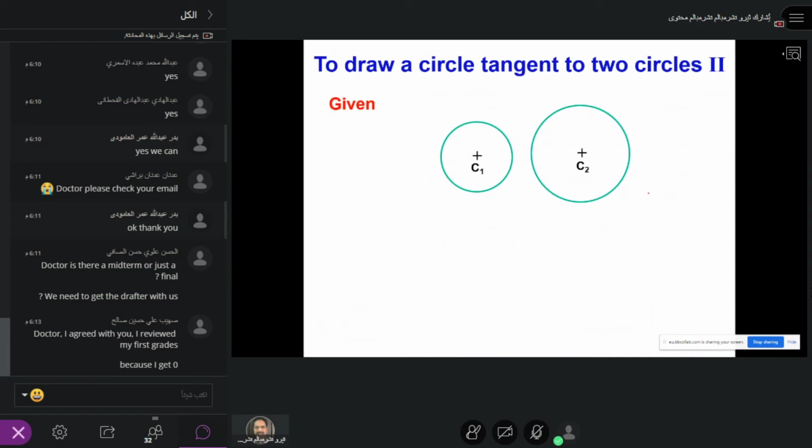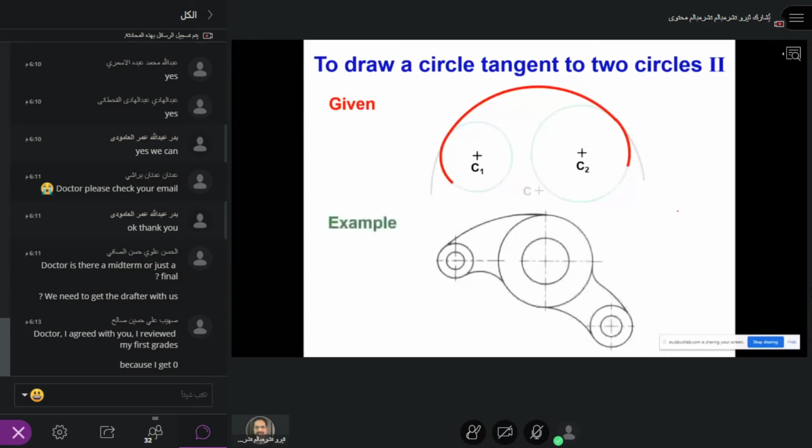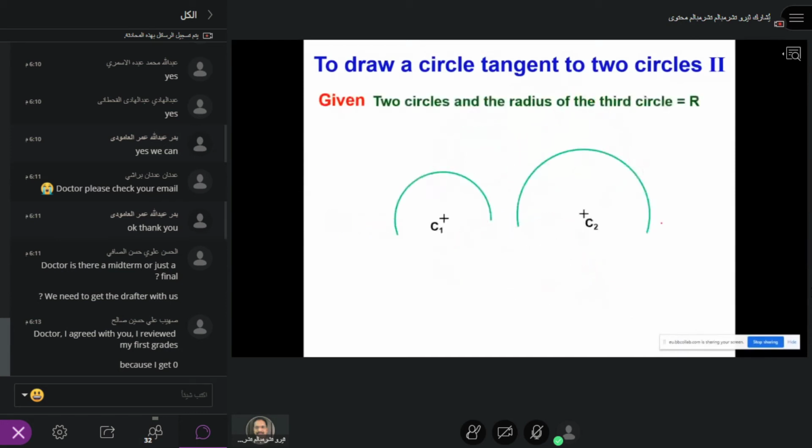Just remember that. Okay, how to do this? First draw the two circles C1 and C2 with radii R1 and R2. Now you see this point is what we are trying to make. So C1, C2 is done, R1 with R2, and then R1 minus R, because R is already given.